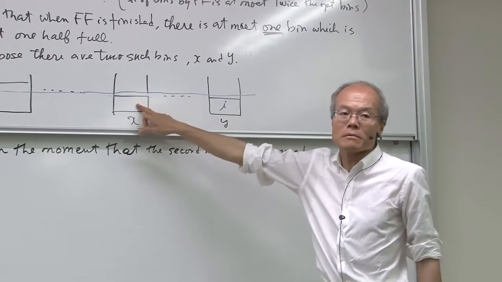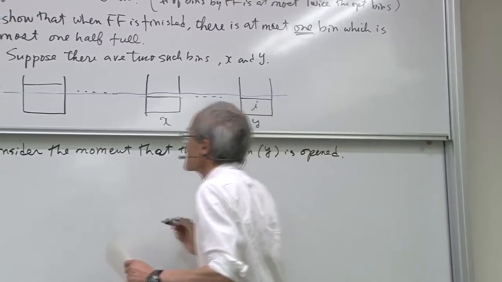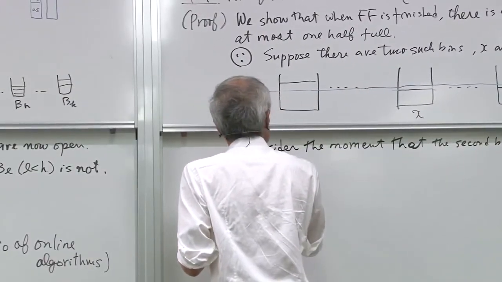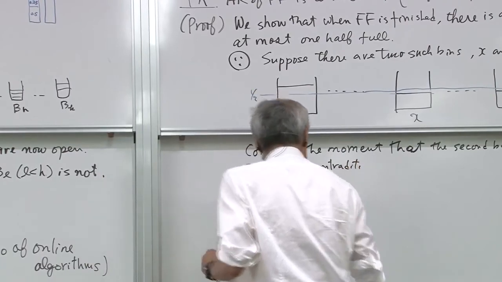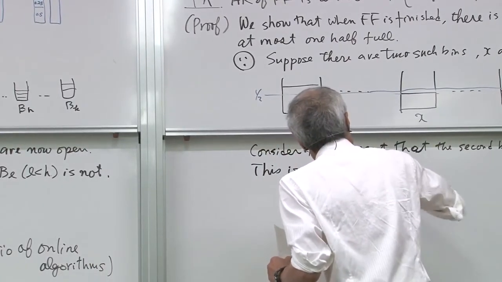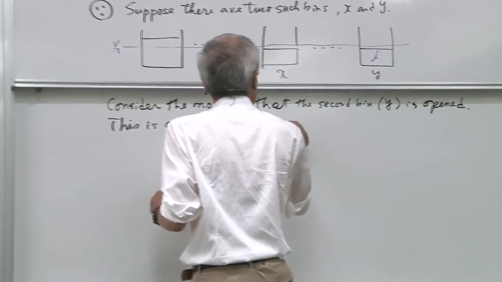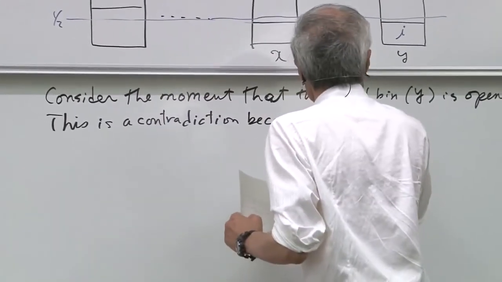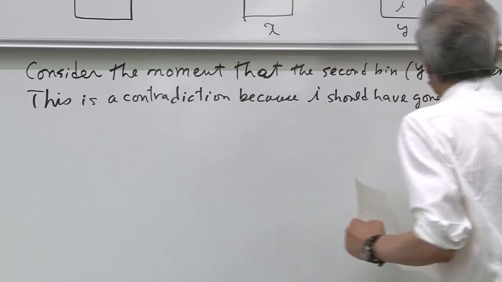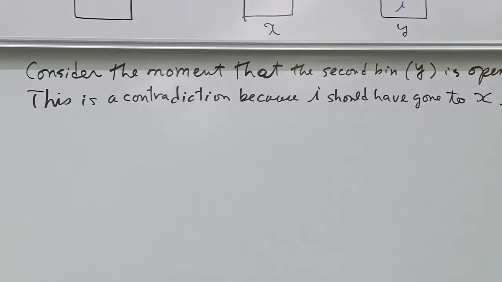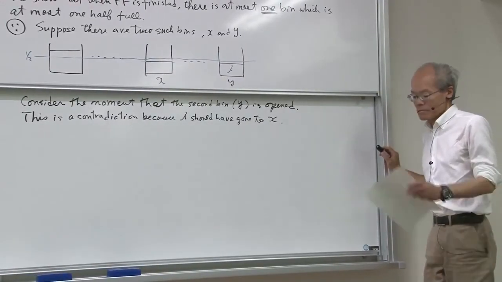This item is available in X. What is the contradiction? Item I should be put into bin X.